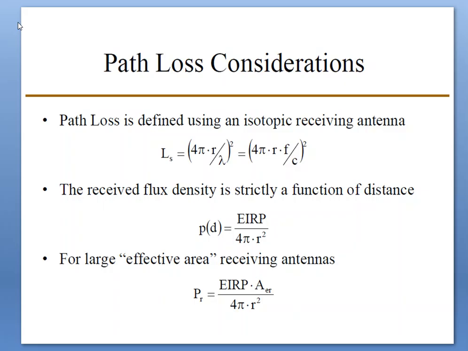However, since path loss is predicated on GR equal to 1, when we attempt to collect power with an isotropic antenna, the result is characterized by the above equations. Again, let us emphasize that path loss can be viewed as a convenient collection of terms that has been assigned an unfortunate name, path loss.